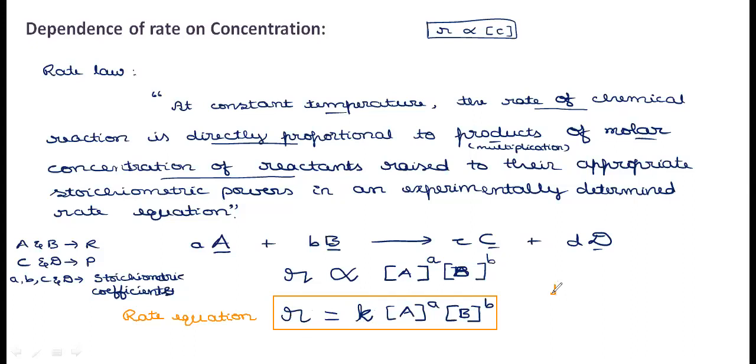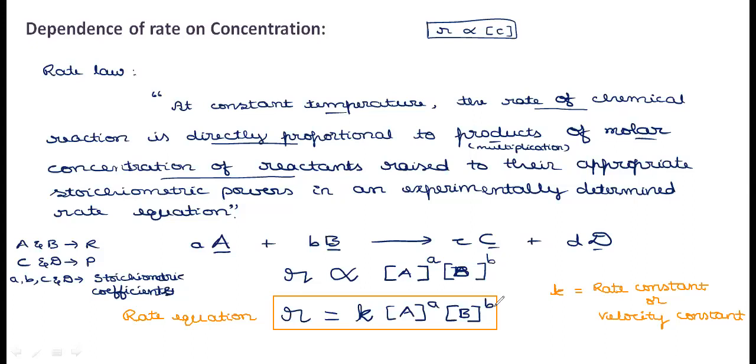Here k is the rate constant or velocity constant. So this is how the rate equation can be written.